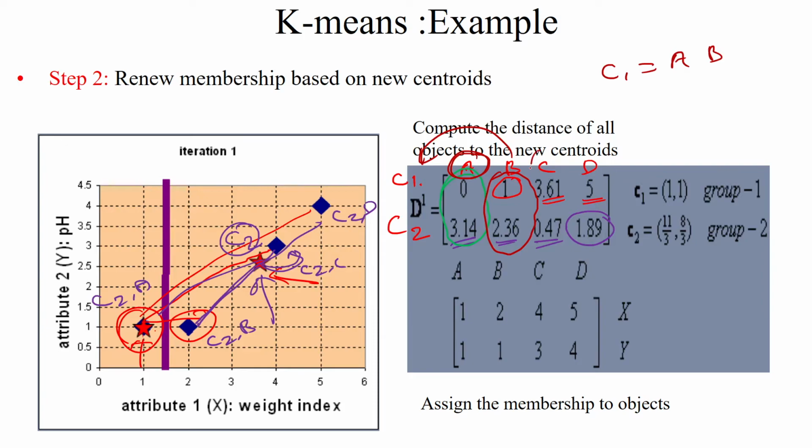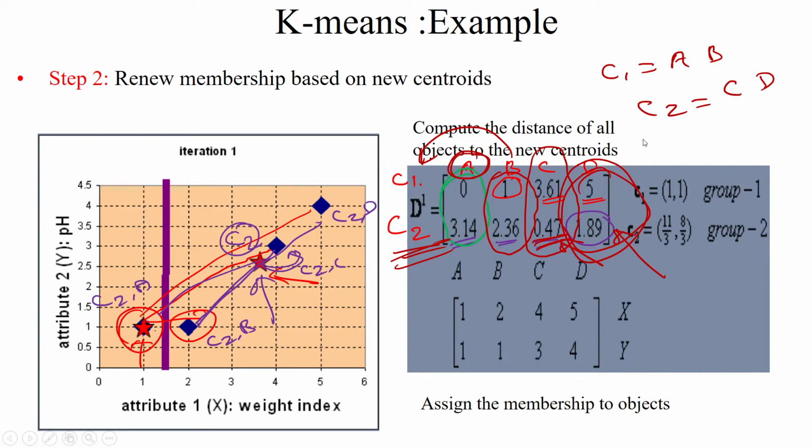For data point C, 0.47 is the minimum value, so it is assigned to cluster 2. Among 5 comma 1.89, 1.89 is the minimum and belongs to C2, so D is assigned to C2.